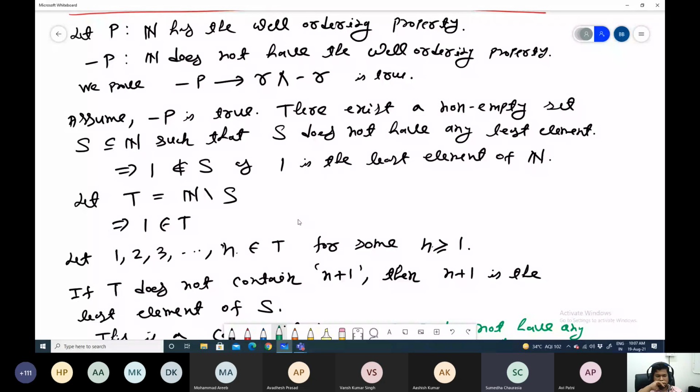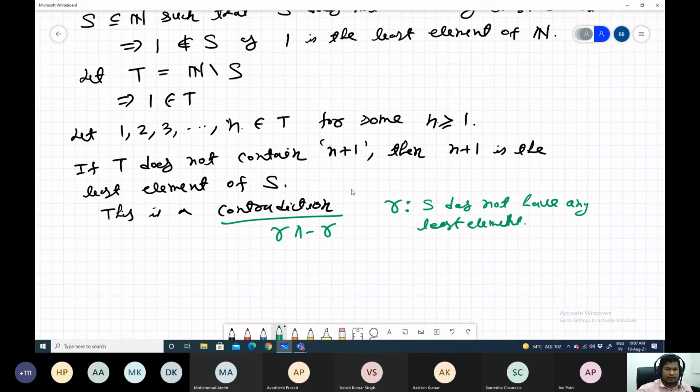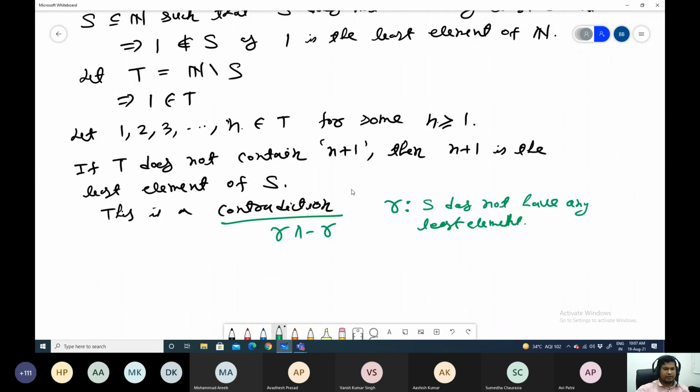Then using the principle of mathematical induction, we can say that T contains every natural number n. Right, got it. Fine. Now this is a contradiction.